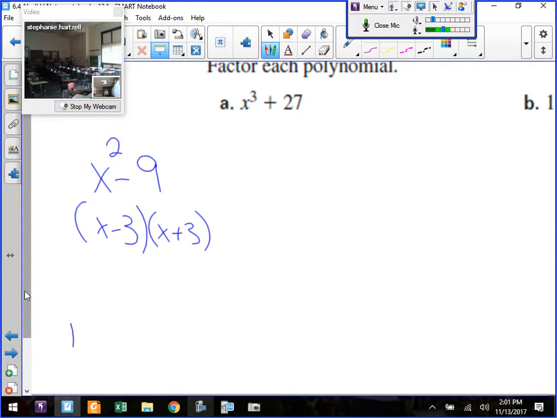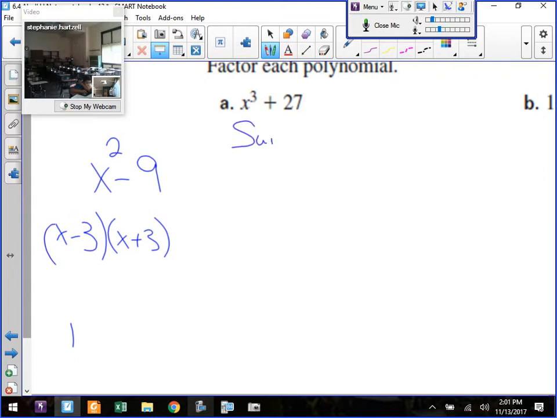Now, when we get to the cubes, third-degree polynomials, they have the same basic idea. They've got these rules that they have to follow, where you have what's called a sum of cubes, and then we have difference of cubes. In order to tell whether or not something's a perfect cube, you have to know how to take the cube root.